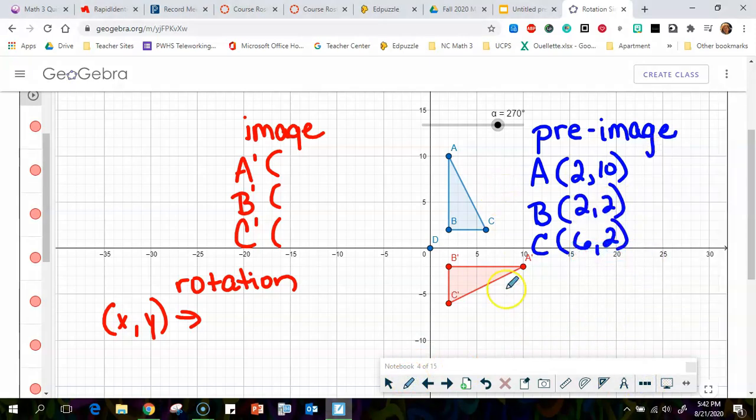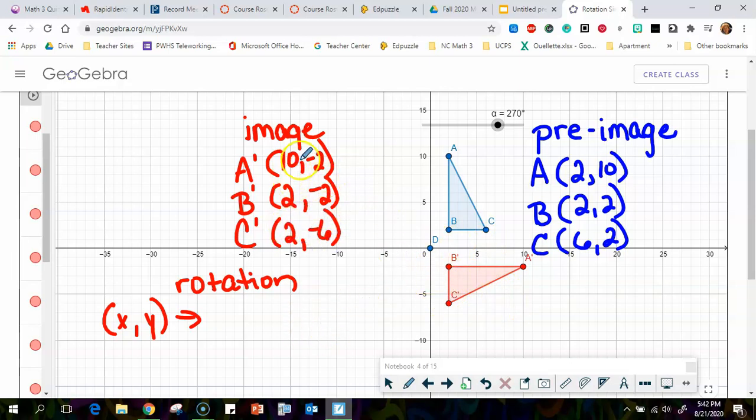Our pre-image stays the same. Our image changed, so let's see what our coordinates are for the image. A prime is 10, negative 2. B prime is 2, negative 2. And C prime is 2, negative 6.